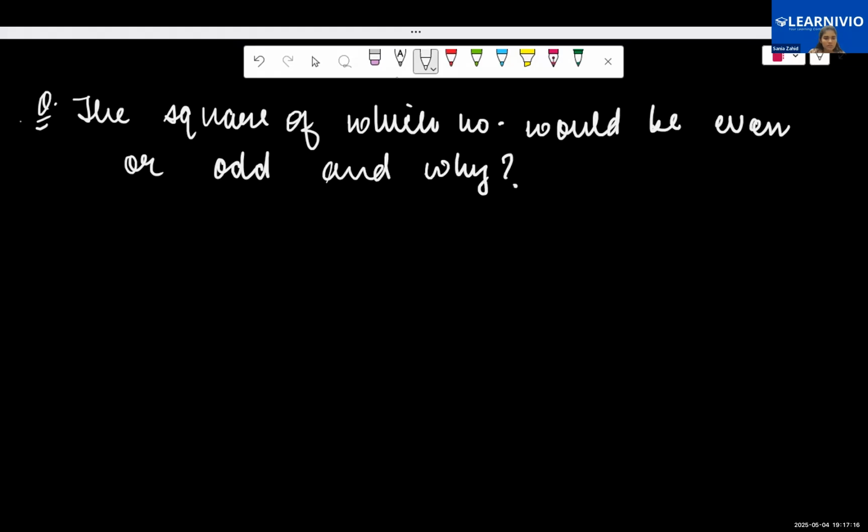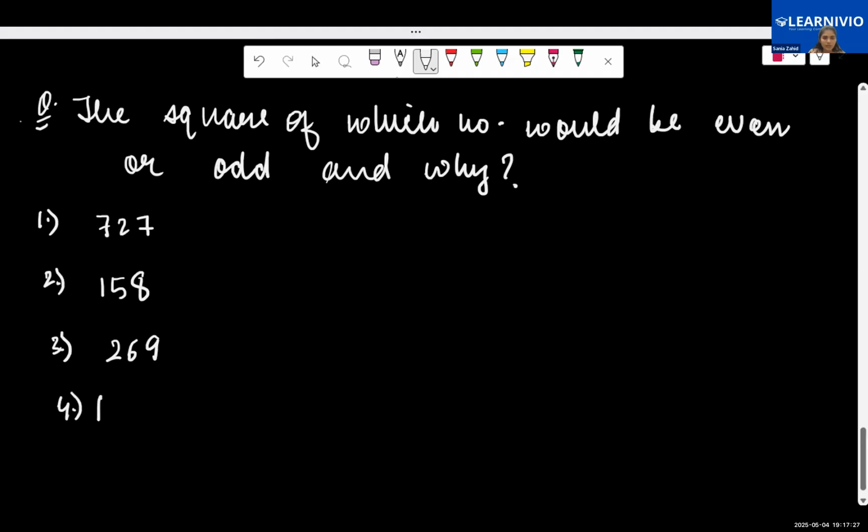Okay, so it is 727, 158, 269, 1980. So if you look at the question carefully, like the square of 727, with what number will it end? Ma'am, 9. It will end with 9.